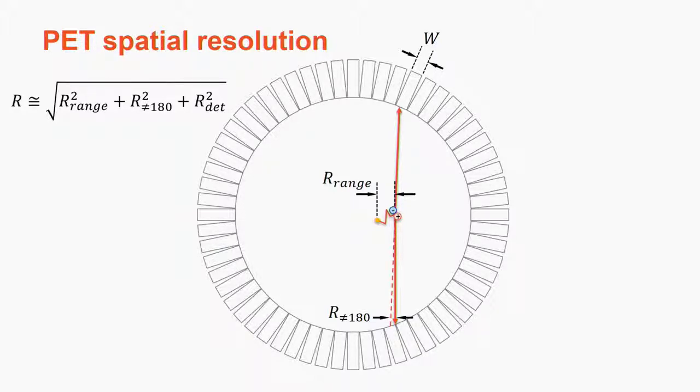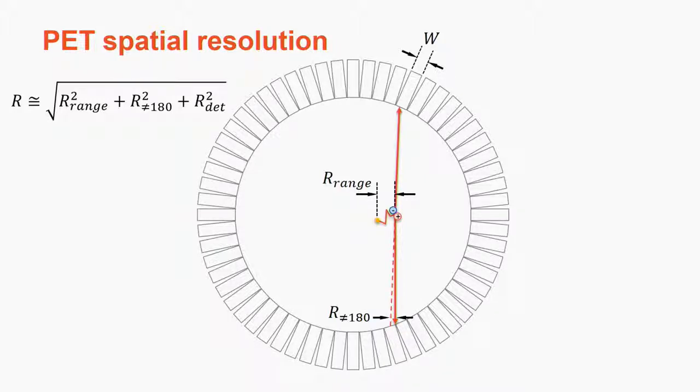So we've got some uncertainty there in our localization just due to positron annihilation. We also have this angular distribution of the annihilation photon, so there's a slight deviation around 180 degrees that causes some additional spatial uncertainty. And then we have the actual size of the detectors themselves, the width of the detectors.